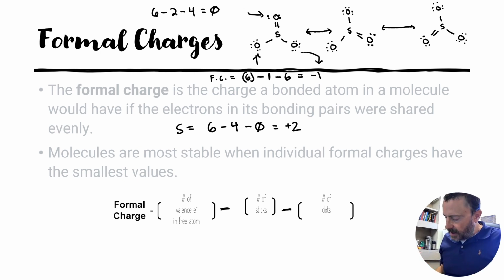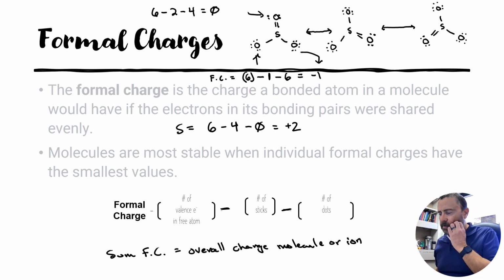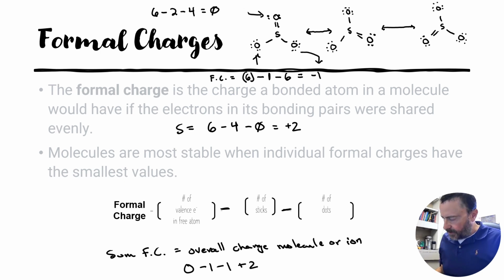Notice that the sum of the formal charges is equal to the overall charge of the molecule or ion. Okay, so this is a molecule. There's no charge in this. We have 0, -1, -1, and a +2.